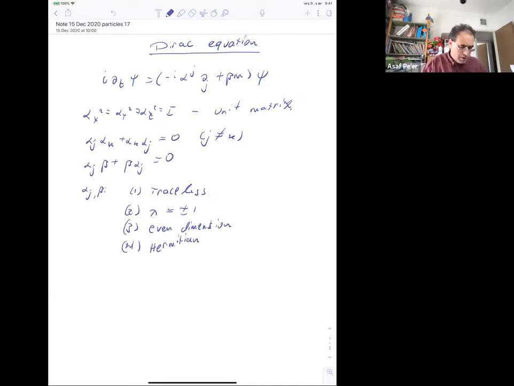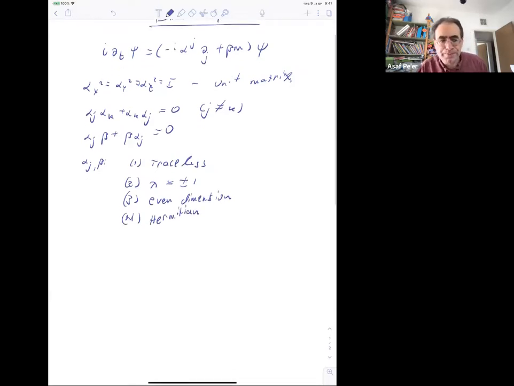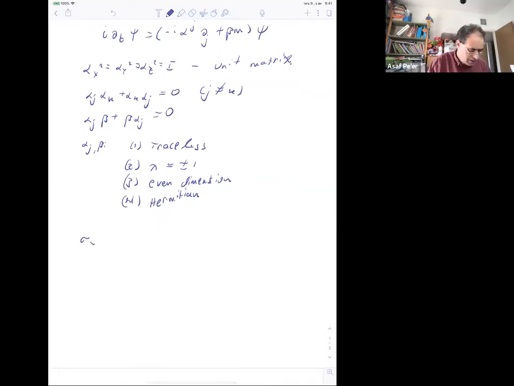Since there are only 3 such matrices in 2 dimensions, these are the Pauli matrices: sigma x is 0, 1, 1, 0; sigma y is 0, minus i, i, 0; sigma z is 1, 0, 0, minus 1.